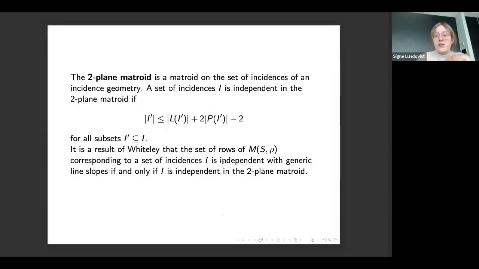And the two-plane matroid characterizes independence in this matrix in the sense that the set of rows of this matrix M as rho, corresponding to a set of incidences, is independent if your line slopes are chosen generically, if and only if your set of incidences is independent in the two-plane matroid. So this is actually a similar result to the characterization of minimally rigid graphs. That is also, you have a count, and that count corresponds exactly to independence in a matrix.